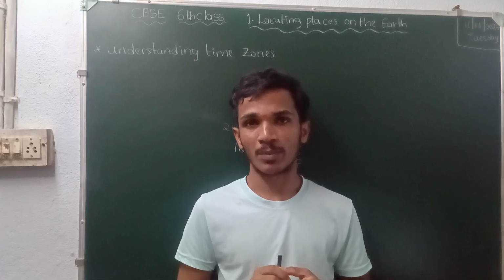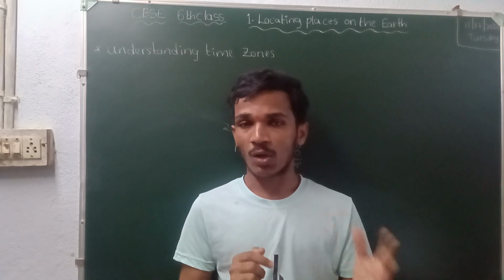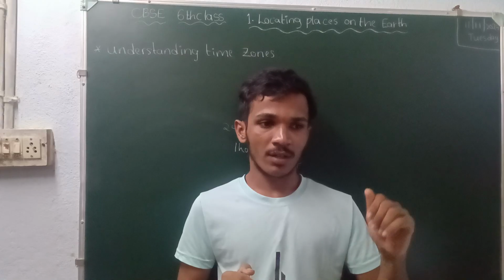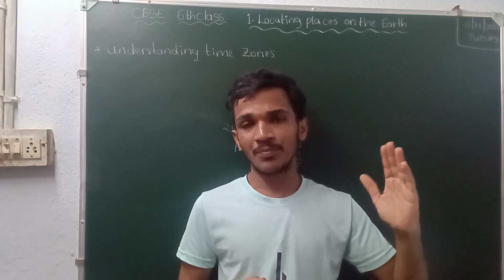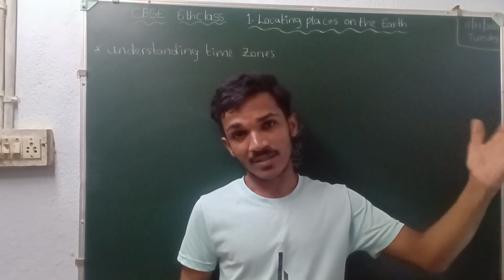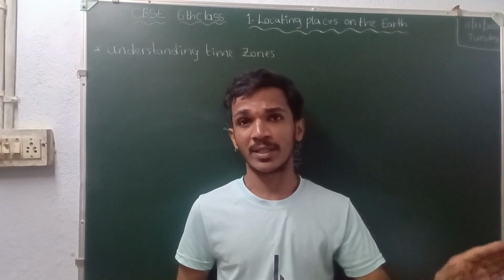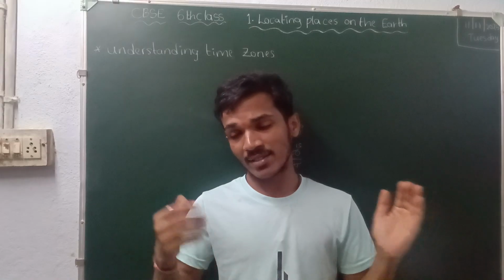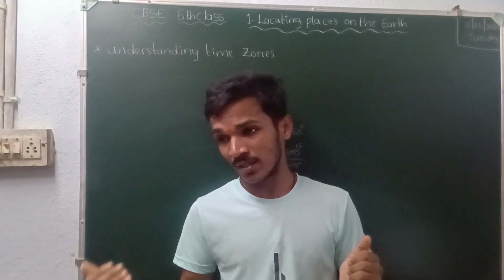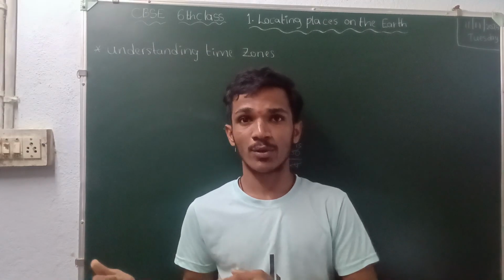There is a conversation between them. The conversation is: in Assam the sun rises fast and sets fast, whereas in Gujarat the sun rises slowly and sets slowly.